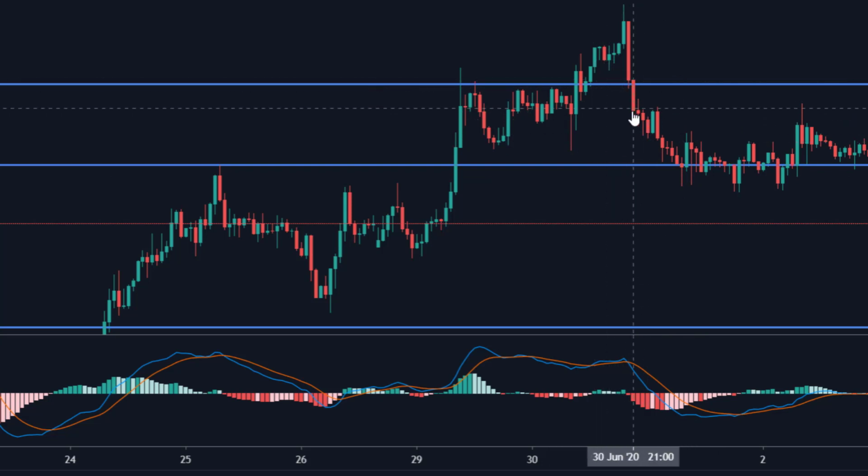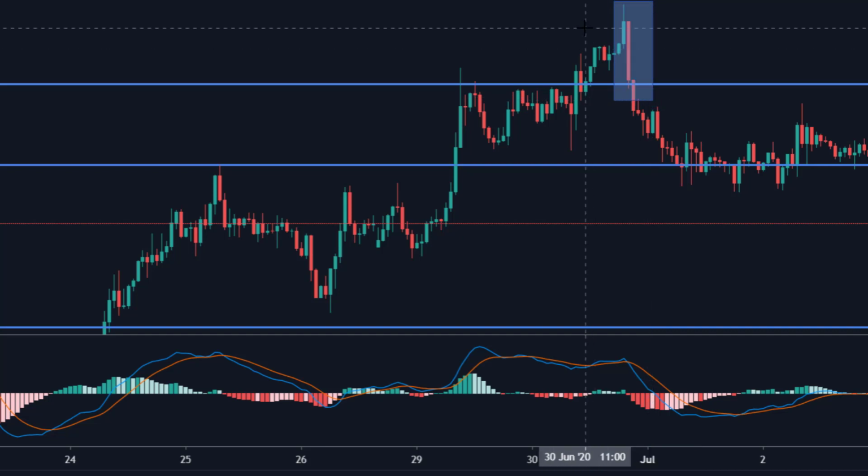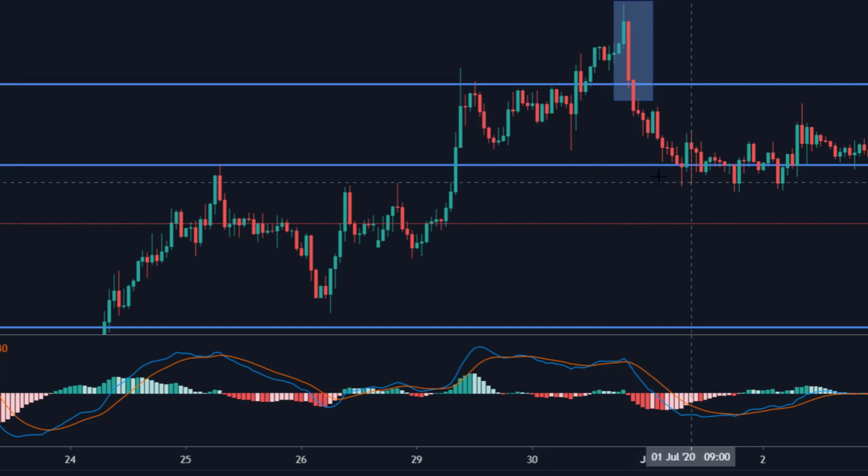So here we have our signal. It was a pretty easy signal. So let's find this. It was a fake out, bearish engulfing candle, closed above the support or resistance, whatever, and then the price just kept going down. And this was our first entry signal.